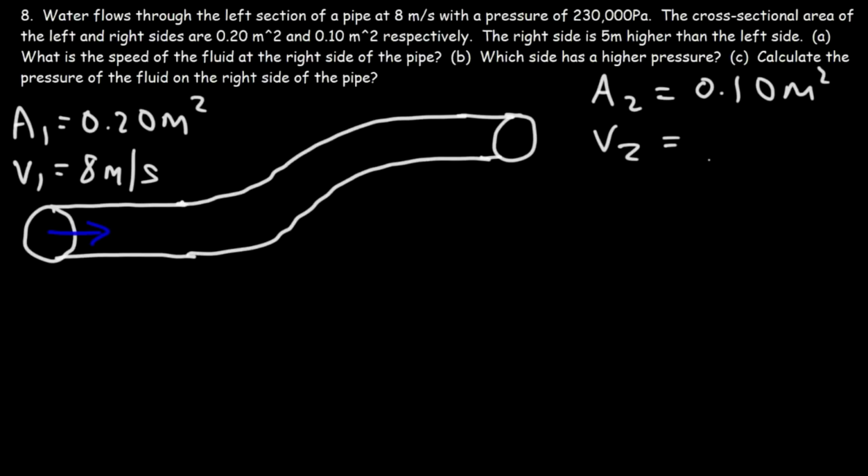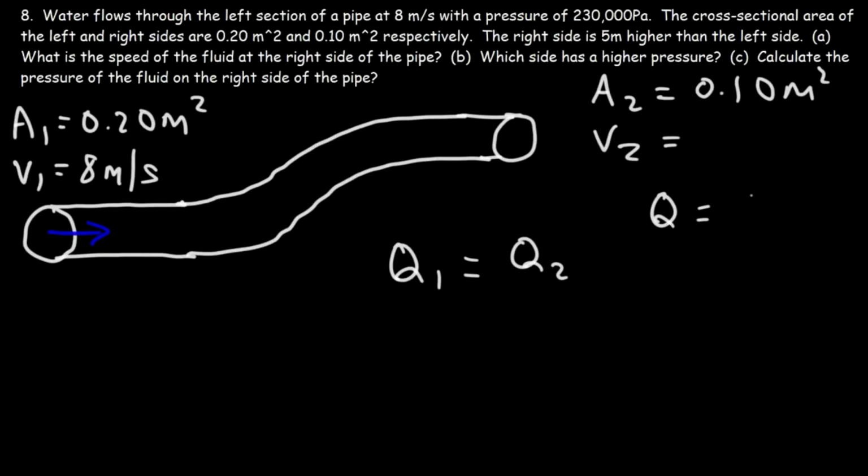Well, we need to be familiar with something called a volume flow rate. The volume flow rate at the left side and the right side are the same. The rate at which water flows on the left side and the right side is not going to change, given that the fluid is an incompressible fluid. If the fluid is incompressible, the density of the fluid will remain constant.